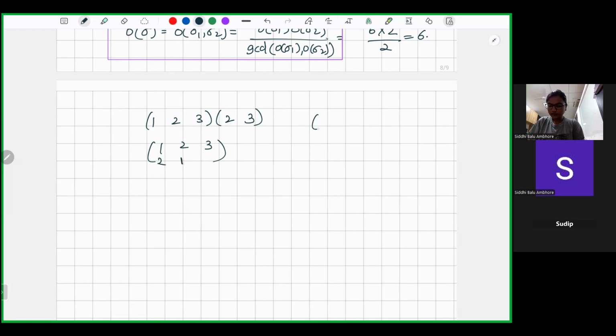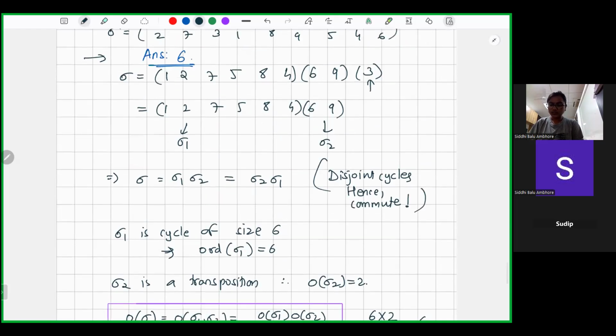I think this (2, 3) and (1, 2, 3). Here also 1 goes to 3. I think this will again be some, oh, let us check. 1 is going to 3, 2 is going to 3, and 3 is going to 2. So these are still of the same order.